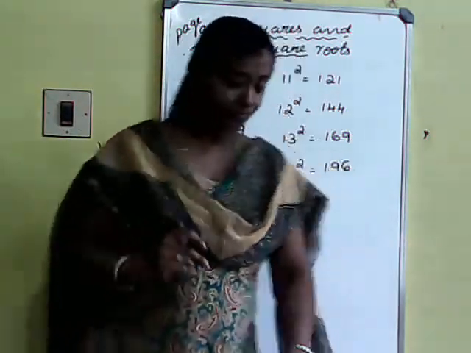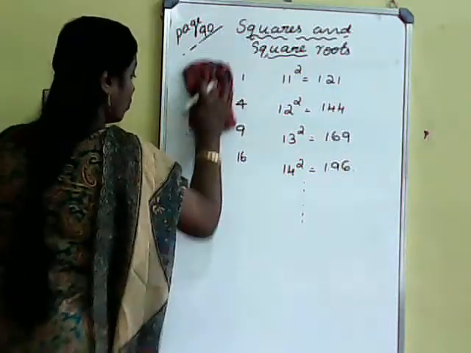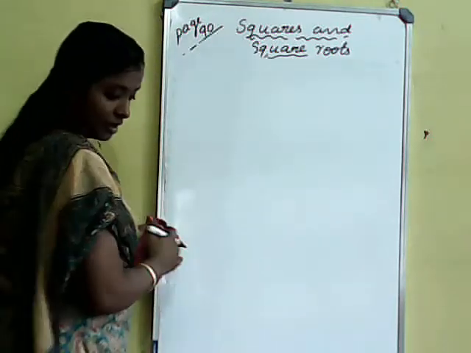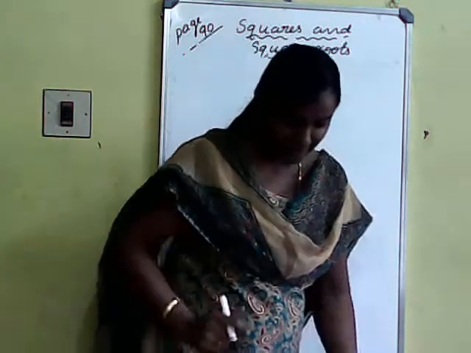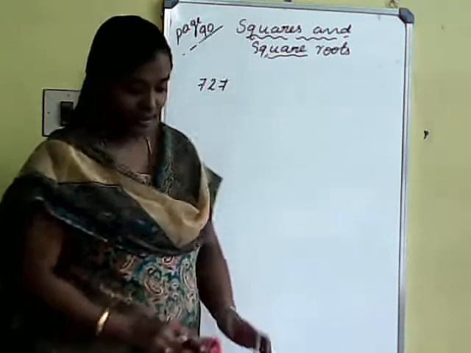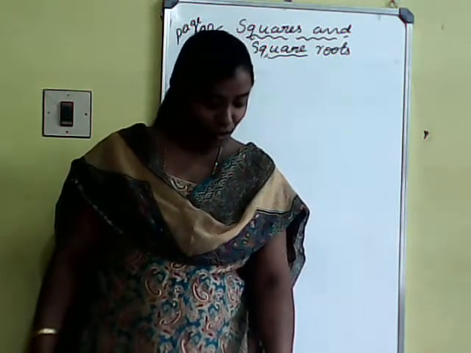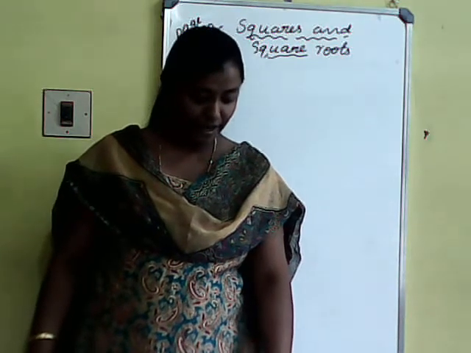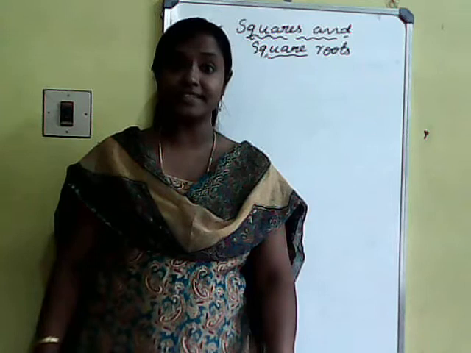So we can say here, what is our question? The square of which of the following numbers would be an odd number or an even number? The square of 727.